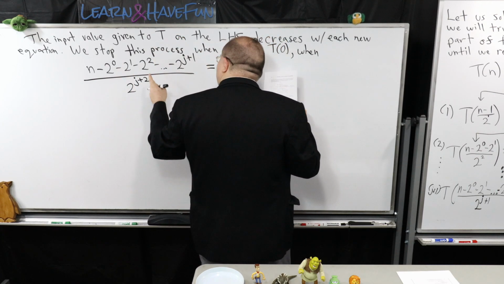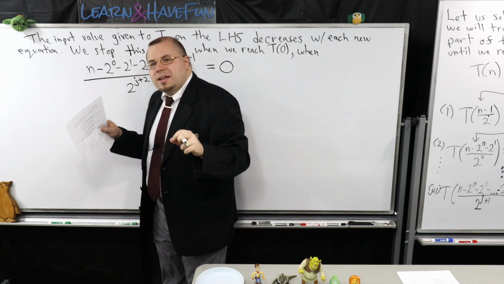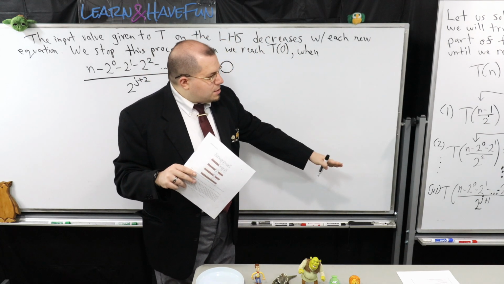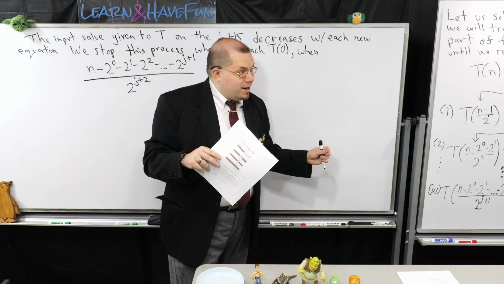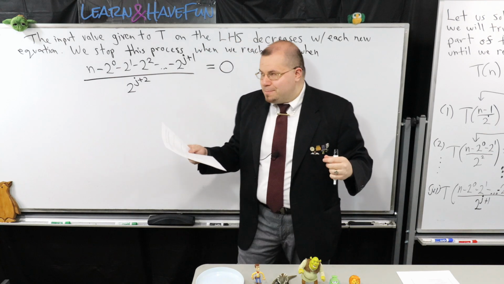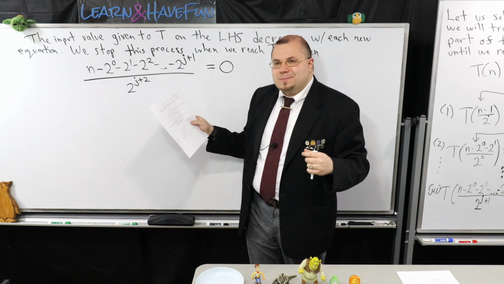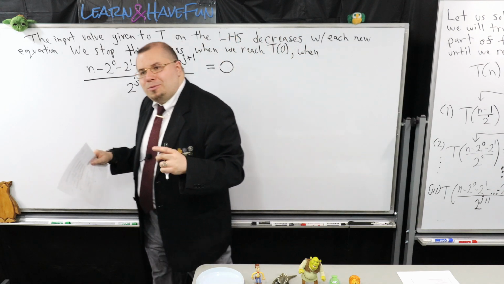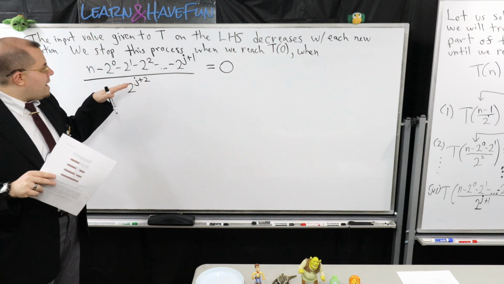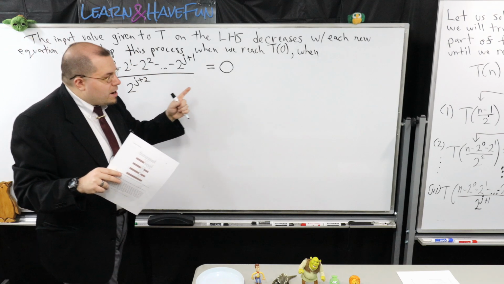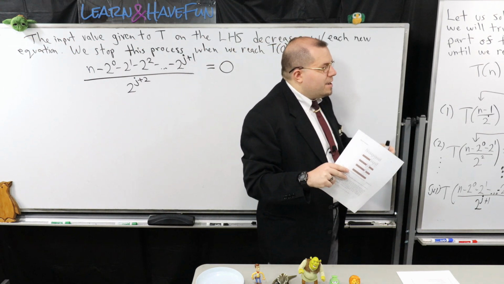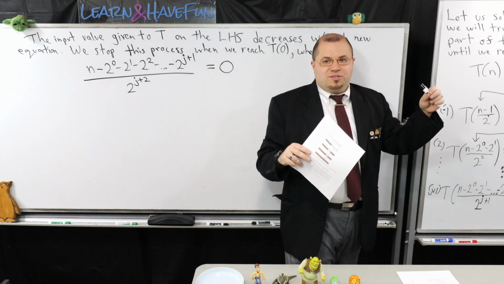Now you might ask, Dan, why is it this one specifically? It's because imagine I wrote out equation j plus 1. The recursive part as input is this. I would like to know when this is equal to 0, so that when I write out equation j plus 1, it's going to be t of 0 plus 1.